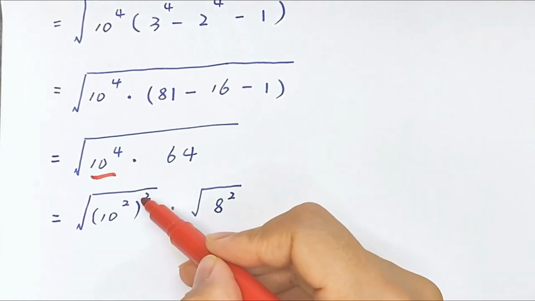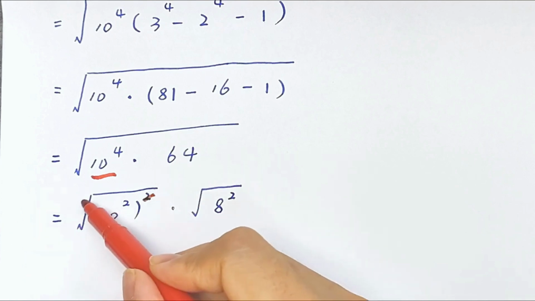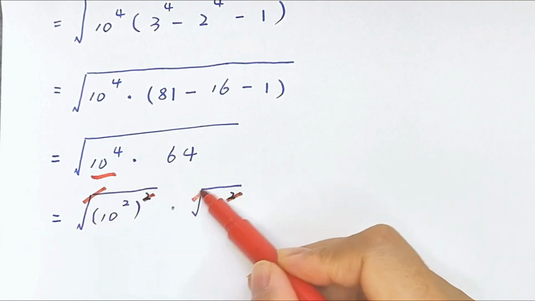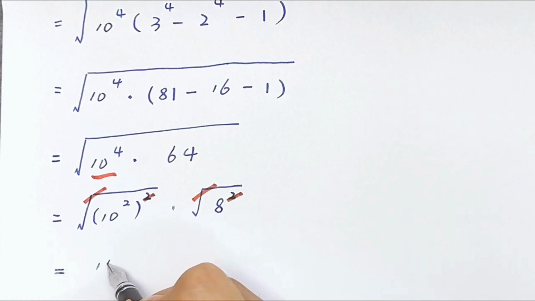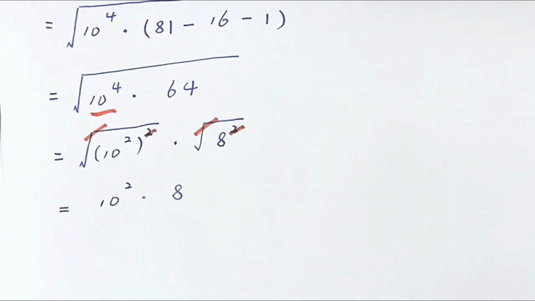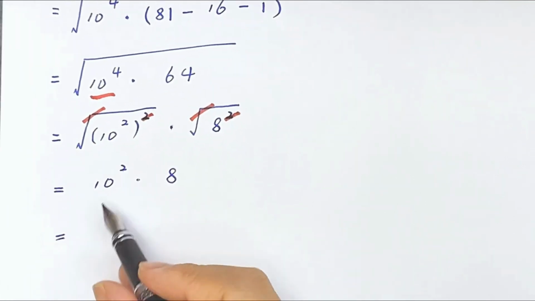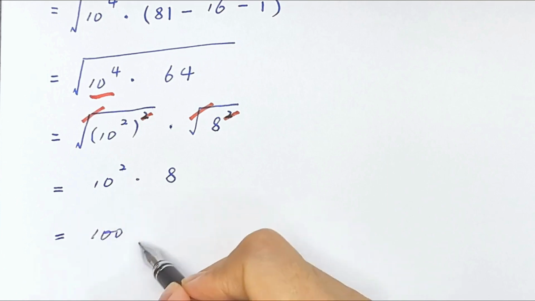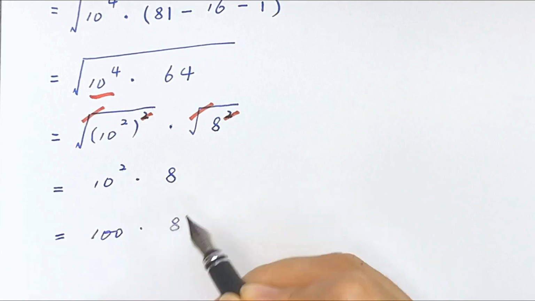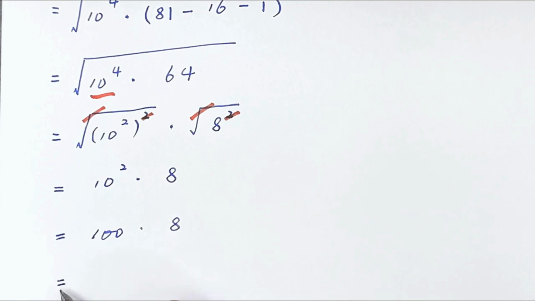And this will cancel with this. This will cancel with this. So, equals 10 squared times 8. 10 squared equals 100 times 8. So, the final answer is 800.